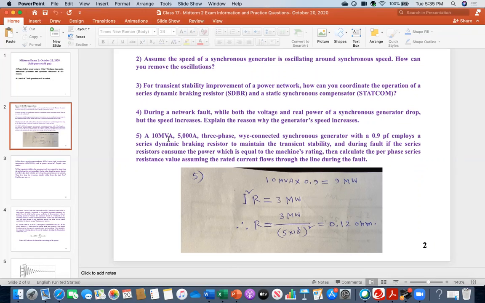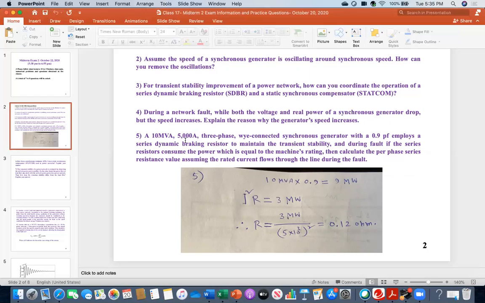See this one? A 10 MVA, 5000 ampere, three-phase Y-connected synchronous generator with a 0.9 power factor employs a series dynamic braking resistor. So this means this is series connected. This means that for each phase, for each line, there is one braking resistor in series. And because it is Y connected, the line current and phase current are the same.